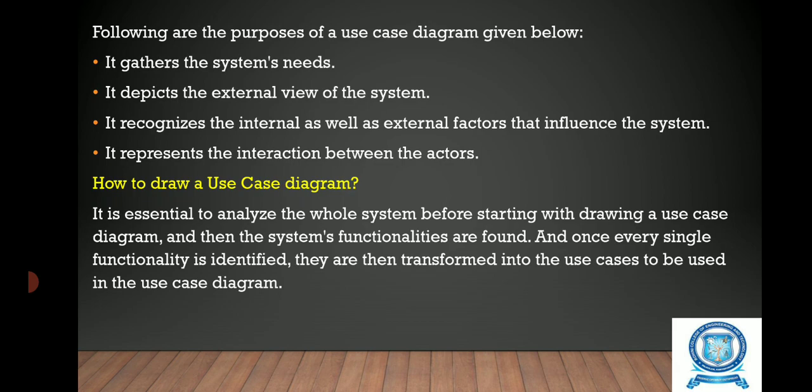Now let us see how to draw a use case diagram. It is essential to analyze the whole system before starting to draw a use case diagram, and then the system's functionalities are found. Once every single functionality is identified, they are often transformed into use cases to be used in the use case diagram.